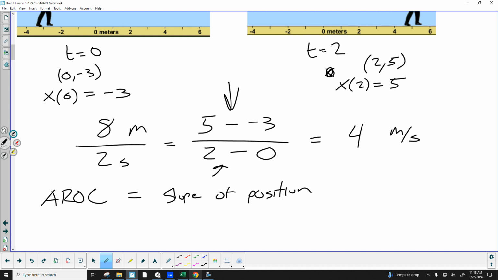How quickly position is changing. It's turned into a new word in the physics world. What is the quick short word in the physics world that we've used in physics classes for how quickly position is changing? Velocity.